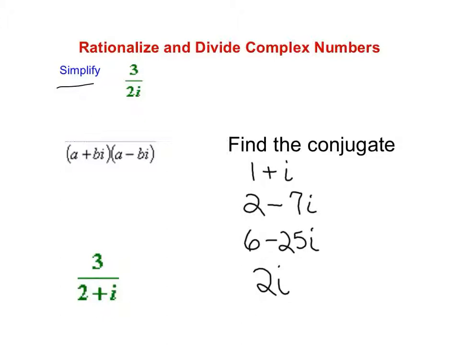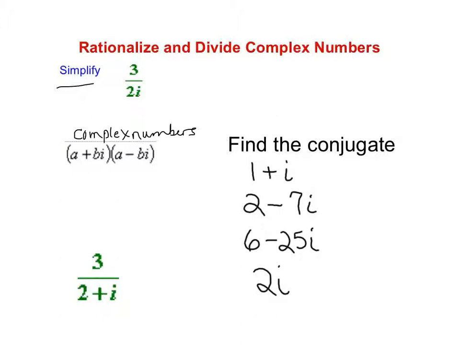So in order to do that, we need to think about what happens when we multiply things together. We know that if we multiply a plus bi by a minus bi, which you notice are both complex numbers, these are complex numbers without actual numbers, right?